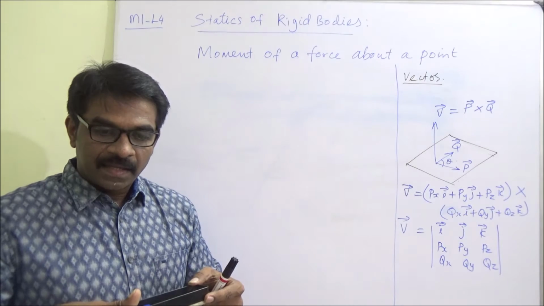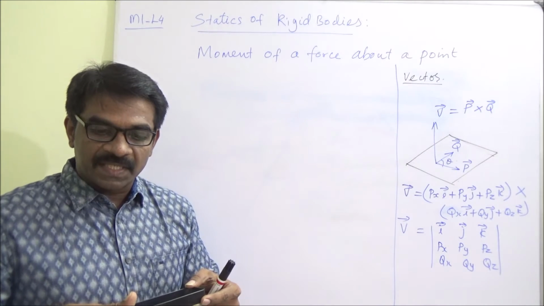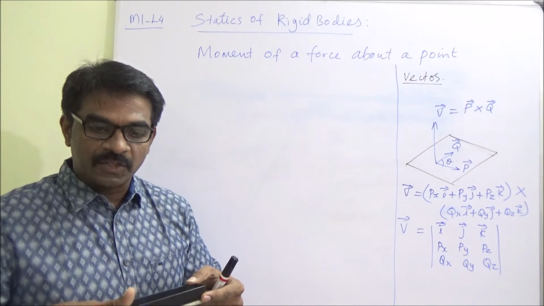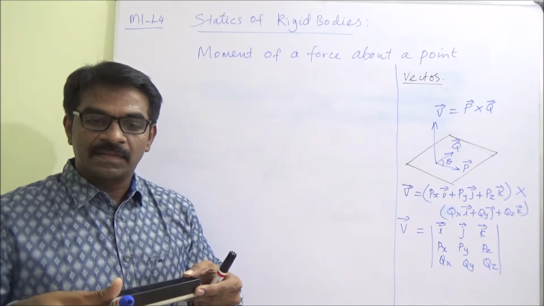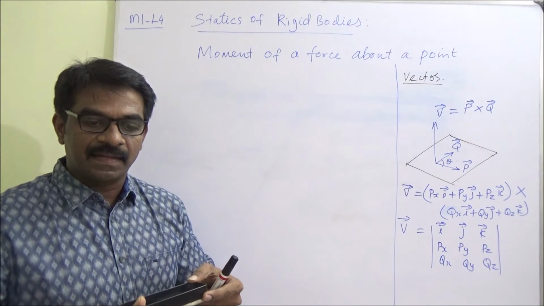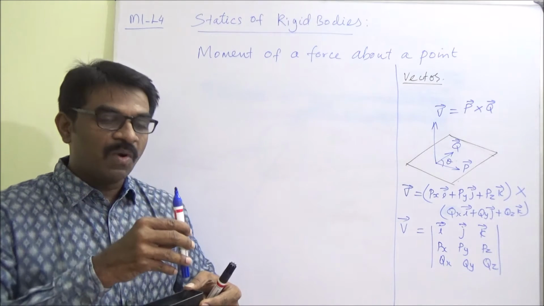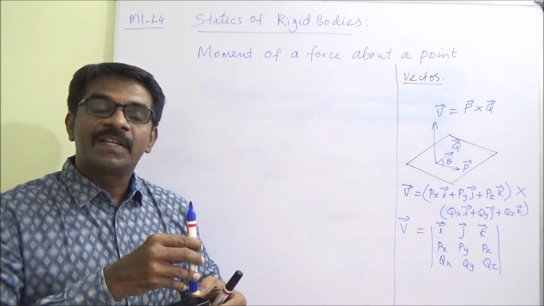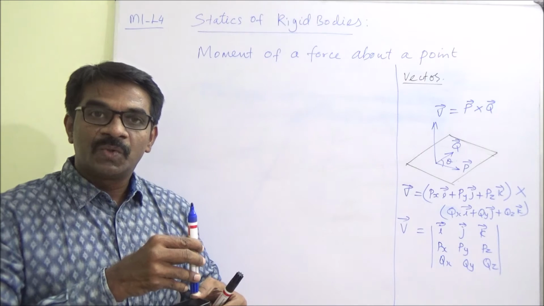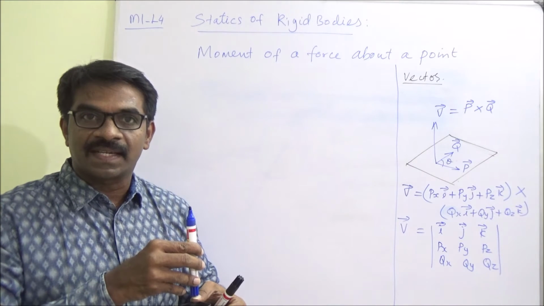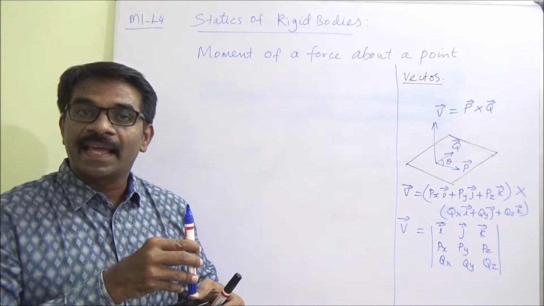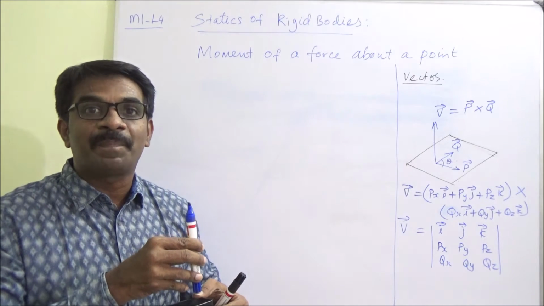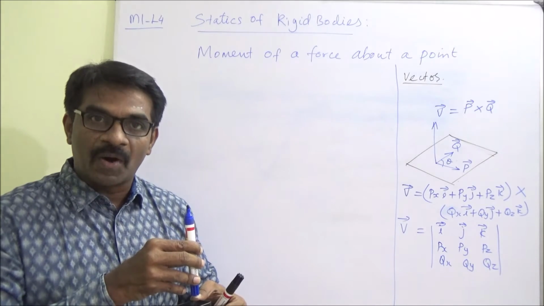If the position vector and this force vector are in the same plane, then the moment is perpendicular to those two vectors, the position vector and the force vector lying on the same plane, and it will be perpendicular to the plane about that point.